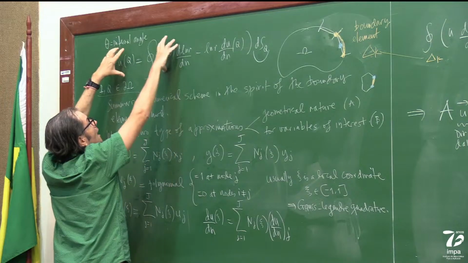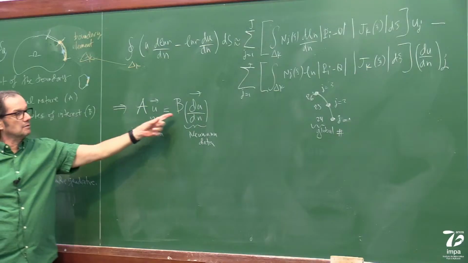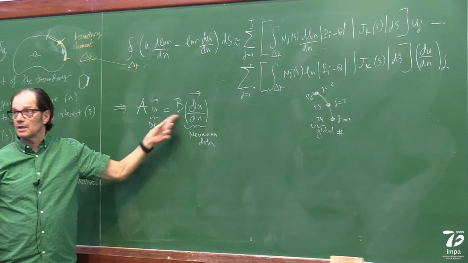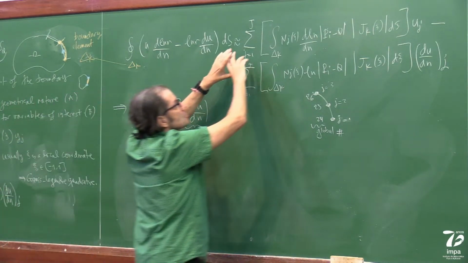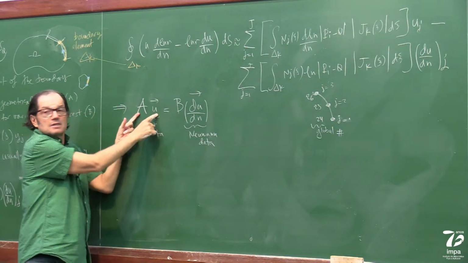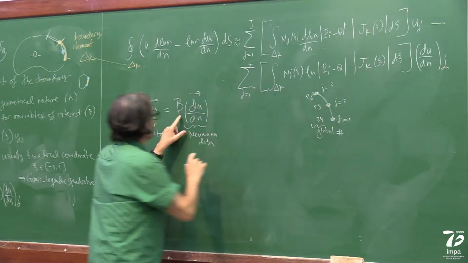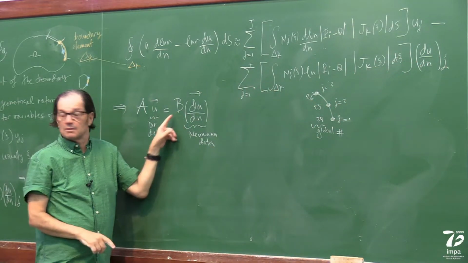So these two guys go together, and this guy goes together on the other side. So basically here I get a matrix multiplication. This guy will be a little piece of this, and this guy will be a little piece of this, right?